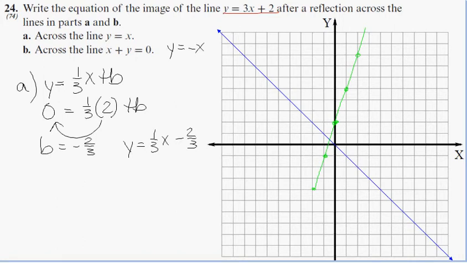I'm going to make this one red. The question to ask ourselves is how to get these new points. From this line right here, it's over 1, up 1, so this new point is going to be right here. These two are reflections of each other. How about this point right here?